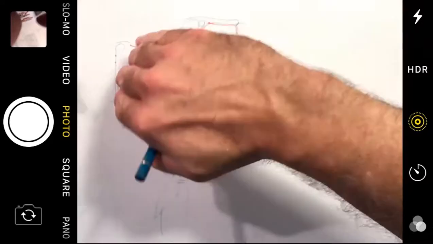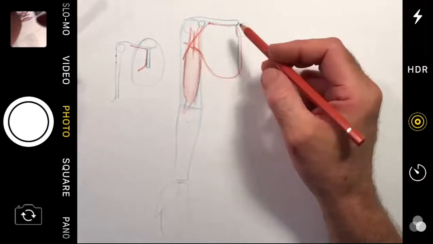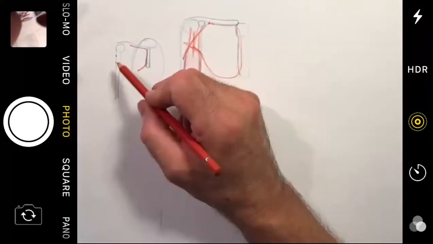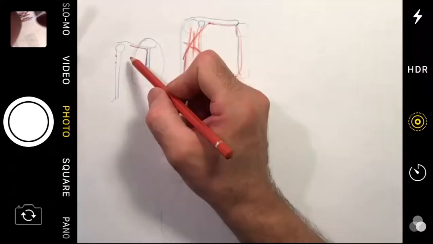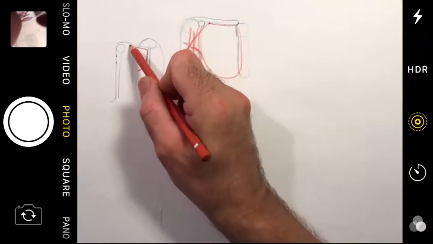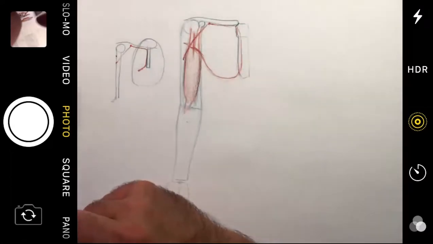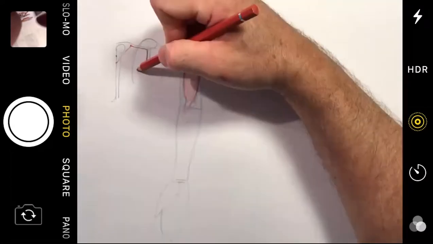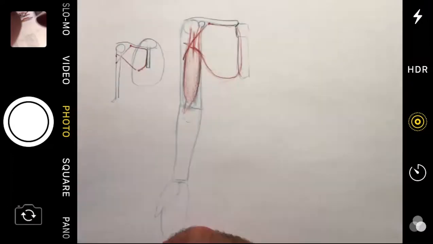It's going to become more evident later when I do all the fibers. So in order to render this synthetically, with its essential structure, I simply switch the high point of the origin with the low point of insertion, and then the low point of origin with the high point of insertion. That's it. Make sense?